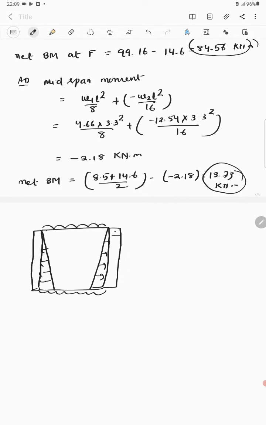This is the resultant pressure diagram. This is A, B, this is C, this is E, this is F. So these are the moments.